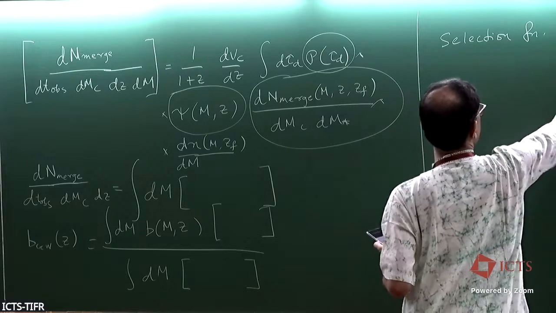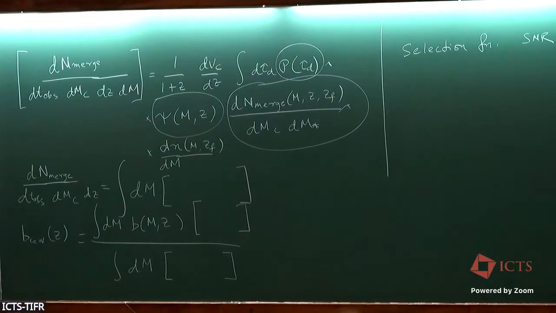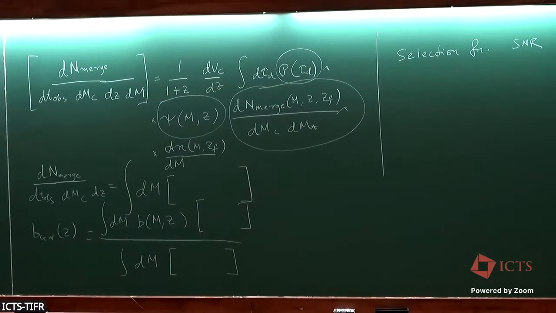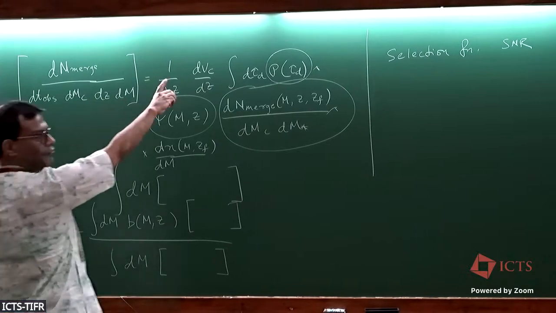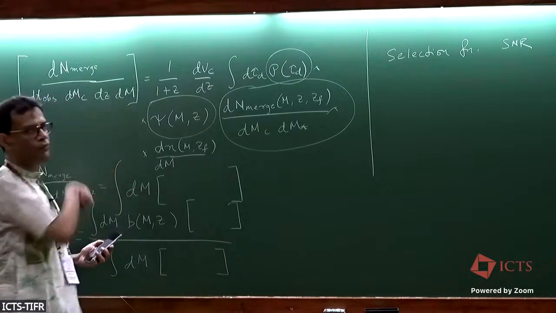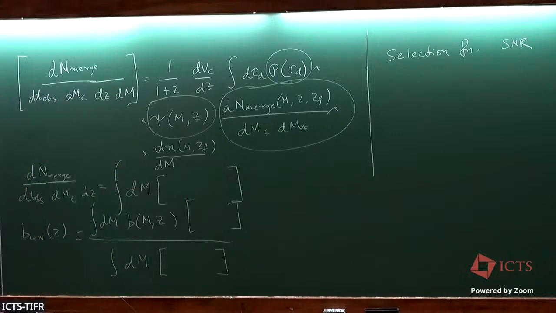Assuming you are able to calculate the amplitude of this signal and you know your detector sensitivity, you will be able to calculate SNR. So you have to put some cutoff, as not all these events will be observed. Only events with SNR above some value, or amplitude above some amplitude, are observable. So you can include a corresponding selection function in the calculation.